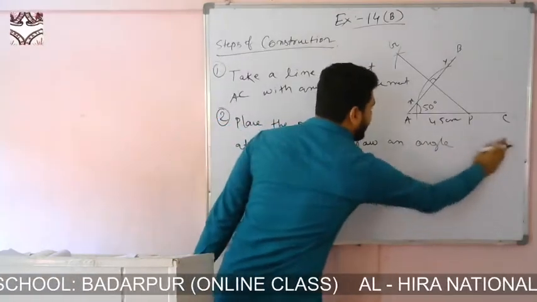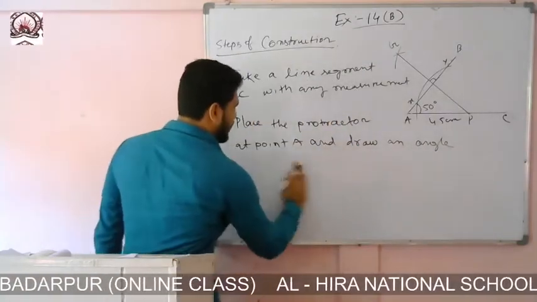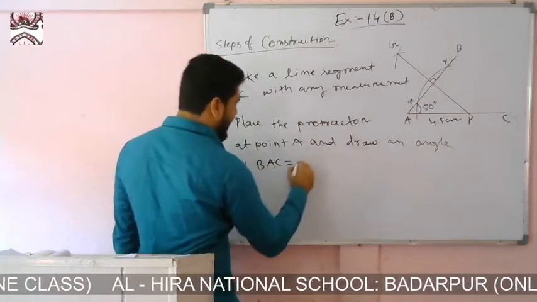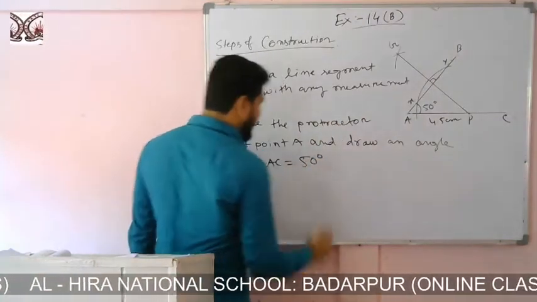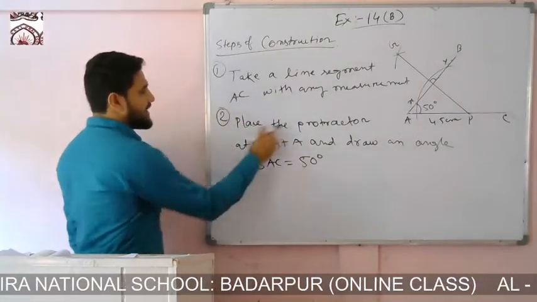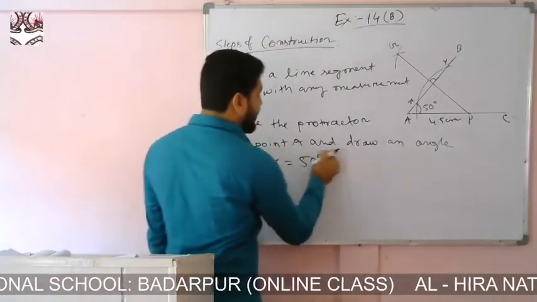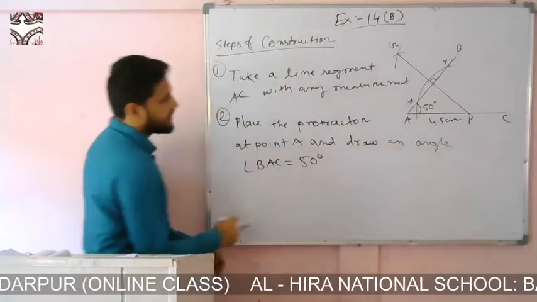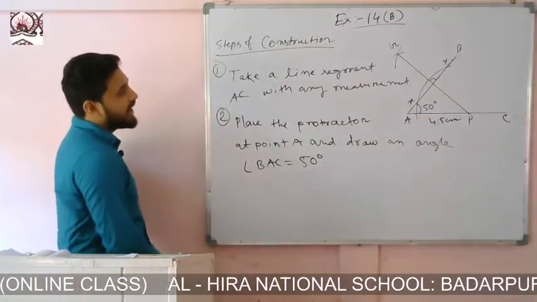Draw an angle BAC equals 50 degrees. Place the protractor at point A and draw an angle BAC equals 50 degrees.